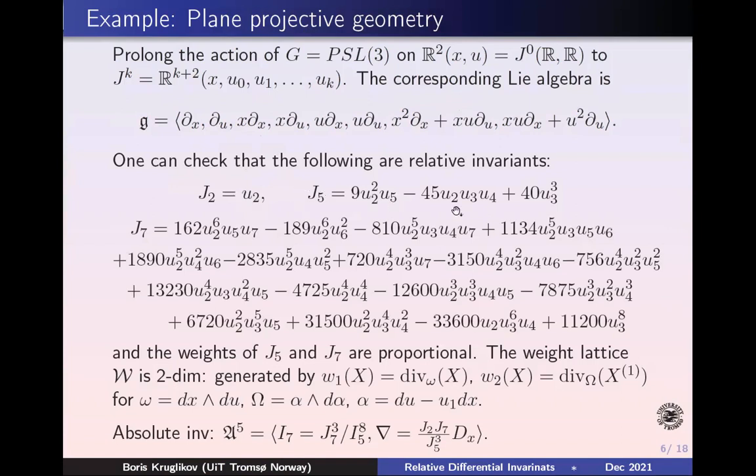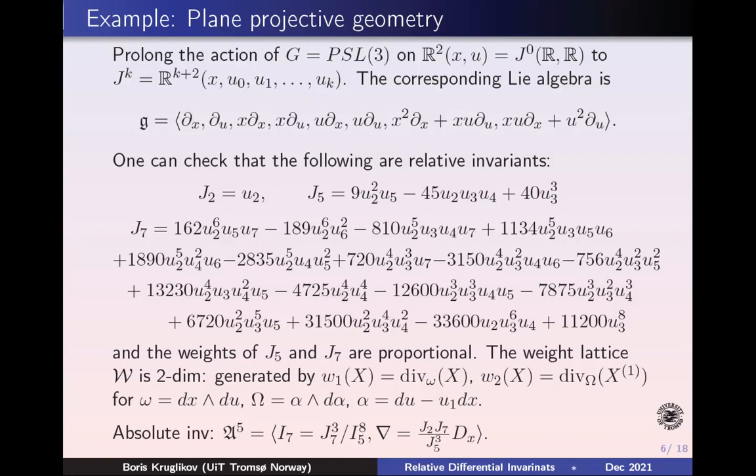If you look at J5, right, it's a bit more complicated expression, but it's a classical expression called the Klein invariant. And its vanishing corresponds to quadrics. Okay, quadrics in the plane are given by J5 equal to 0, and indeed also this class of curves is invariant with respect to projective action. J7 is a bit more complicated invariant.